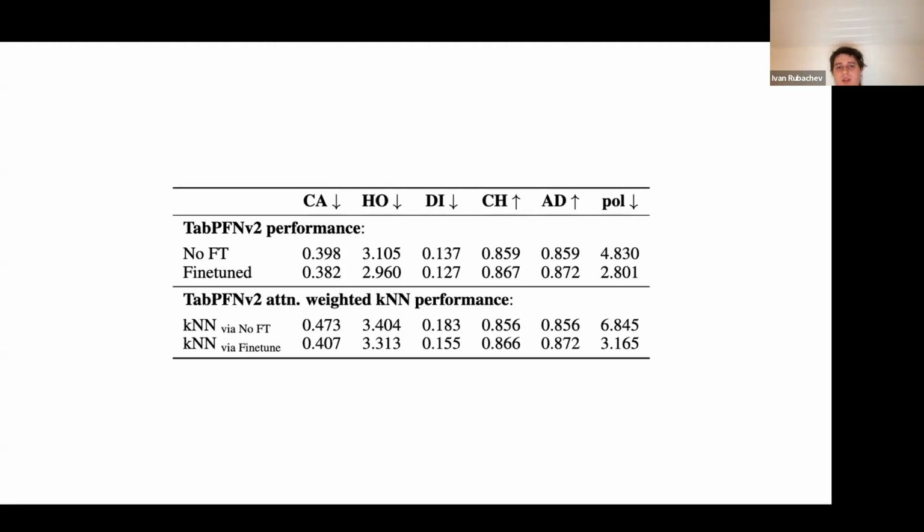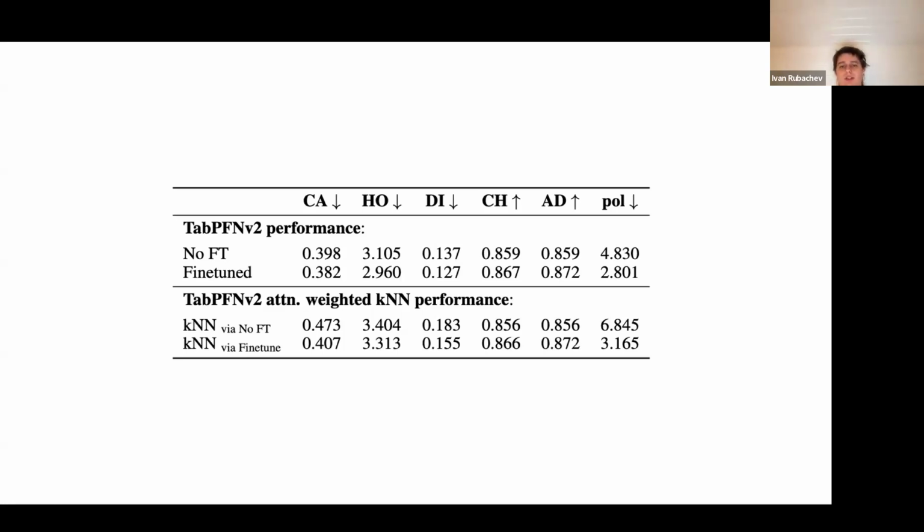But what we're interested in here is that there is something in this attention distribution, in these attention scores, and the model definitely looks at the labels in the training set and performs some kind of retrieval inside.